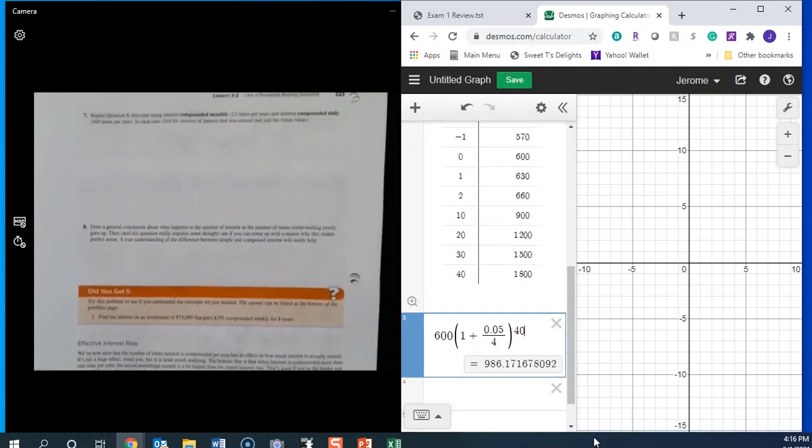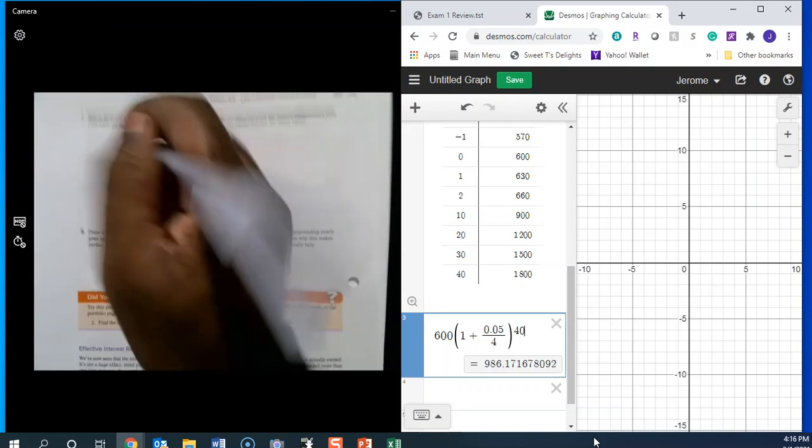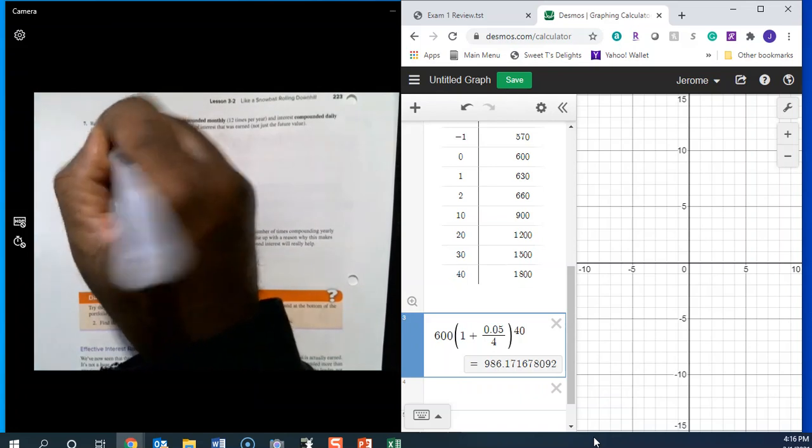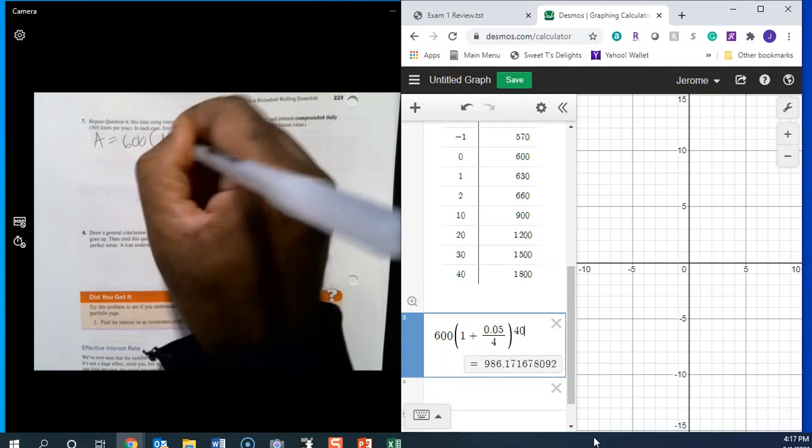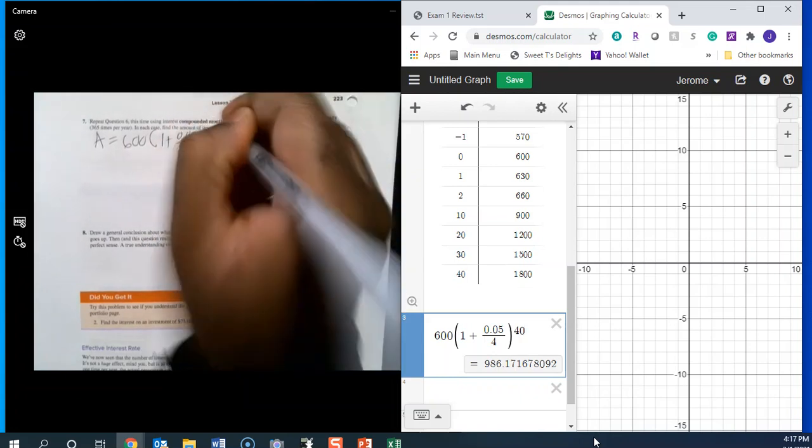All right, so we come here to number 7 at the top of page 223. It says repeat question 6, this time using interest compounded monthly, 12 times per year, and interest compounded daily, 365 times per year. In each case, find the amount of interest that was earned, not just the future value. So we will have A is equal to 600 times 1 plus 0.05 over 4 to the nt power.